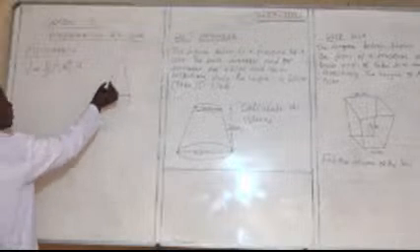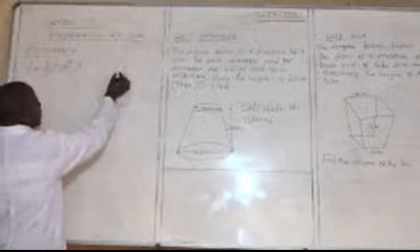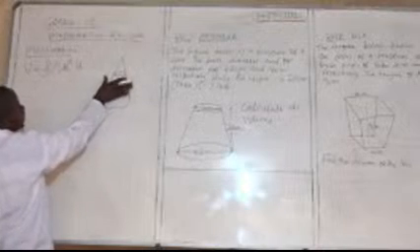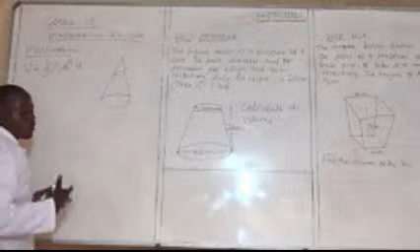Now, once this cone has been cut here, how are you going to solve it? If it has been cut here, they have removed the upper part, meaning that you are remaining with this part, and this part is what we call a frustum.